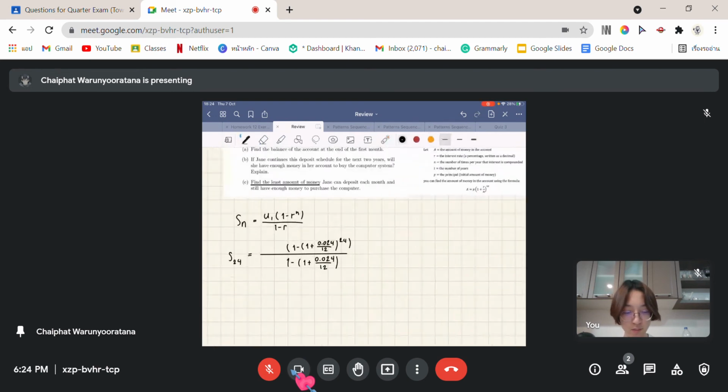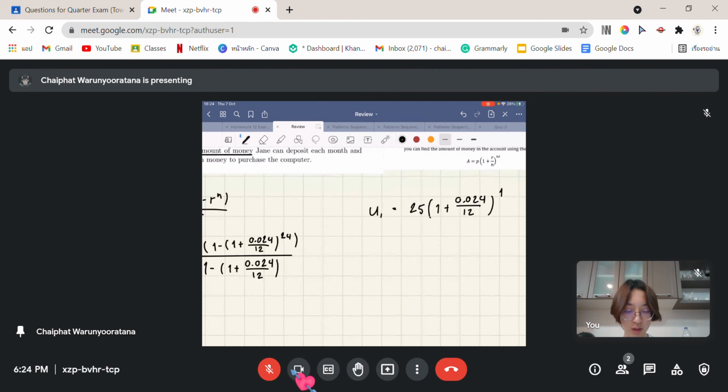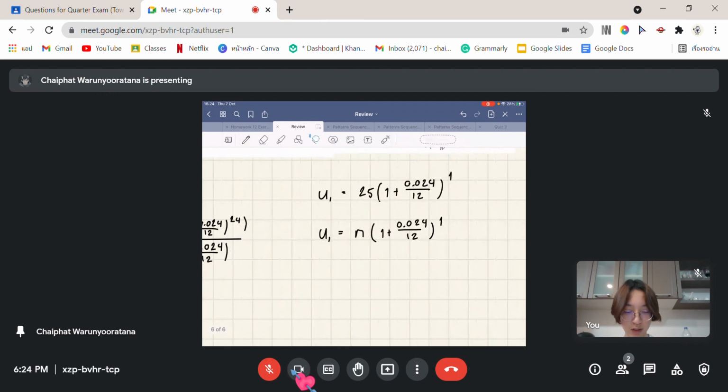We know that our U1 is equal to 25. However, the number 25 right here will not be enough, and we're going to find it. So we will replace it with a variable called n. Now let me add this into my equation.